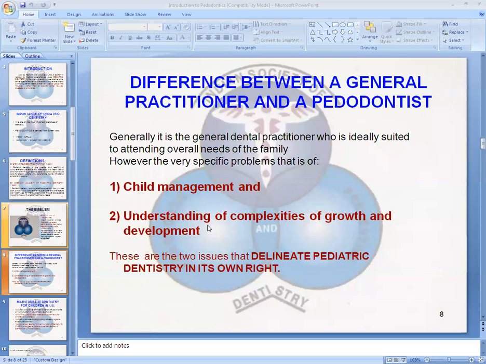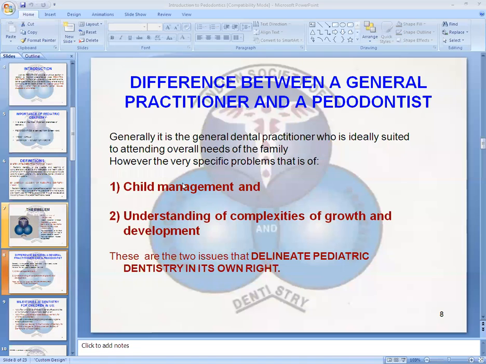Which tooth is coming, which tooth is not coming, which tooth has come. You know the dental chart, the canine, central incisors, lateral incisors, at what age they come. So whether they are coming or not, you must follow up on all things.